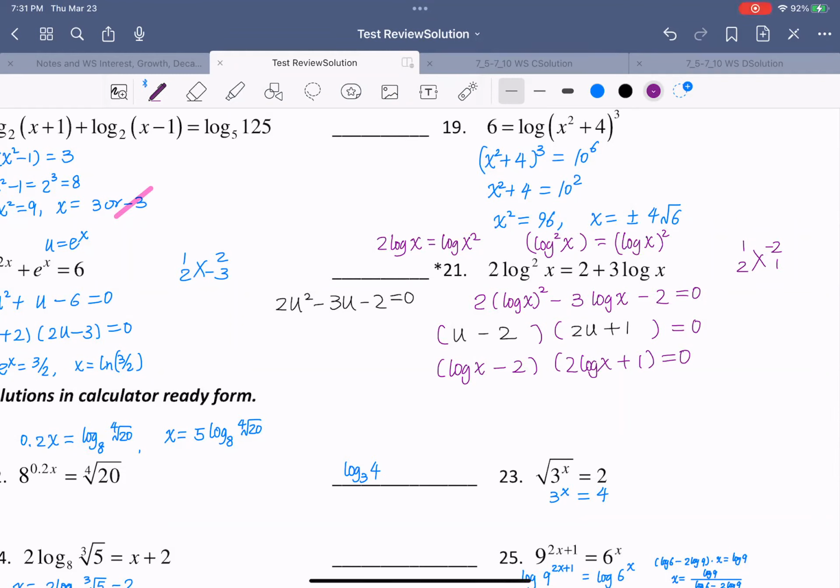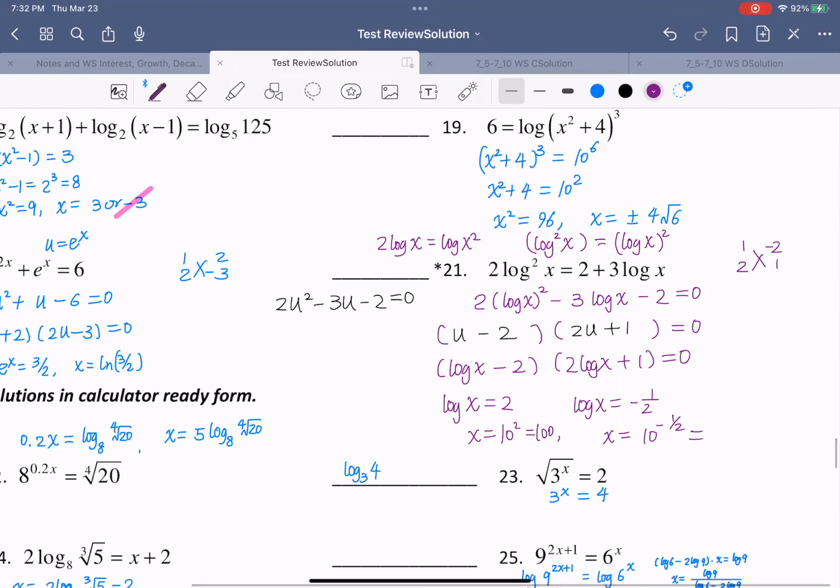So log x equals 2. x will be 10 to the power 2, right? Which is 100. And this one is x equals 10 to the power negative 1/2, right?